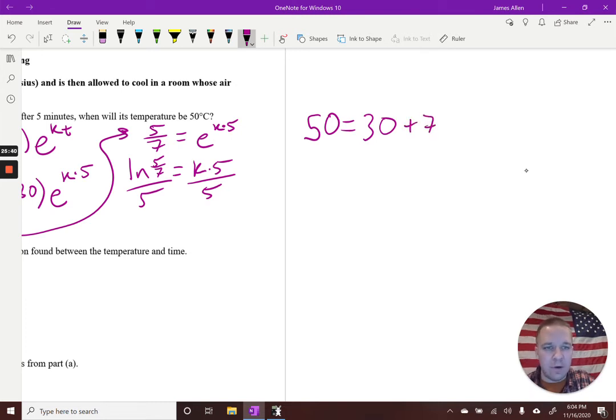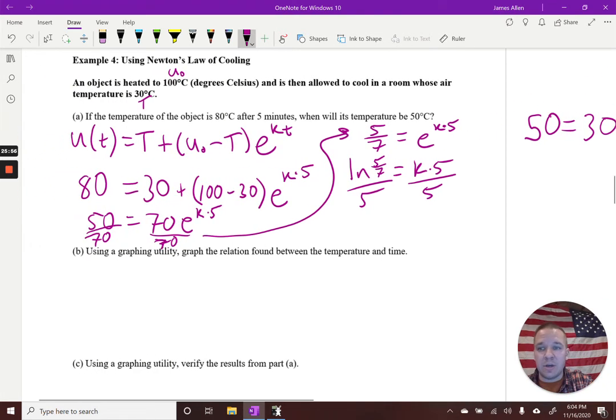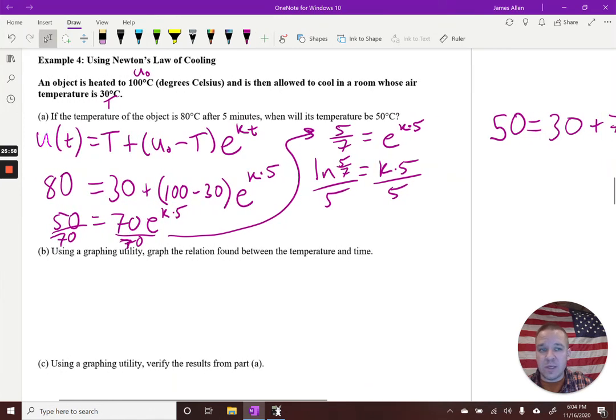Because it was 100 minus 30, right? And then E raised to the K, whatever that is in my calculator. I'll just write K this time, and I'll write a note: stored. And there we go. So we're just solving for t. U of t has become 50. The 30 has stayed the same.